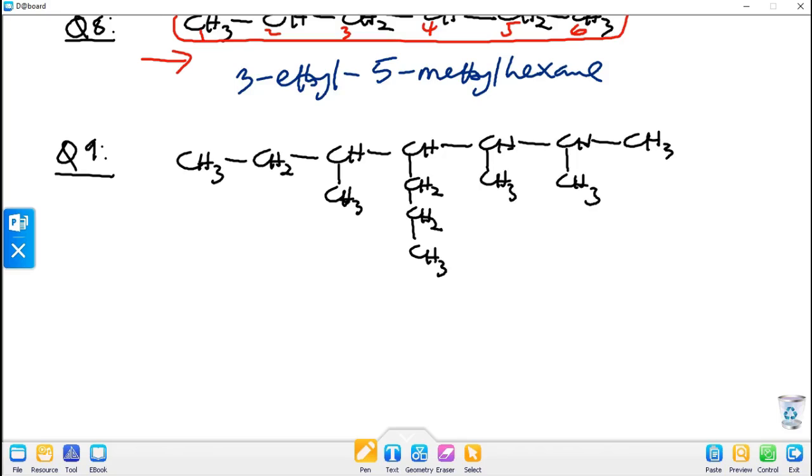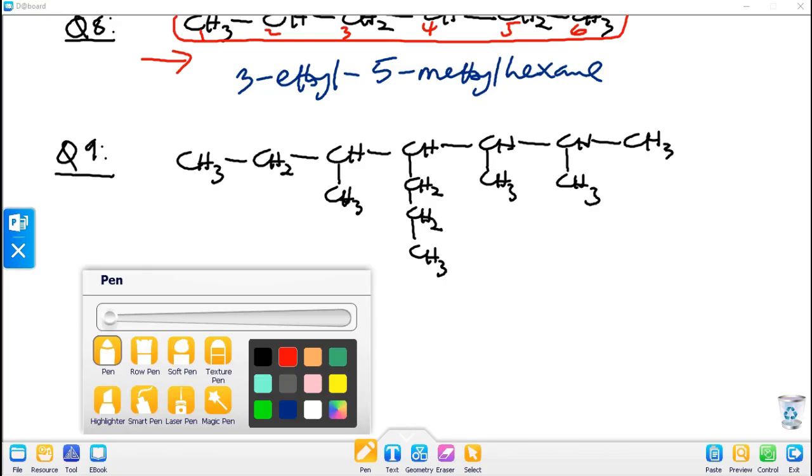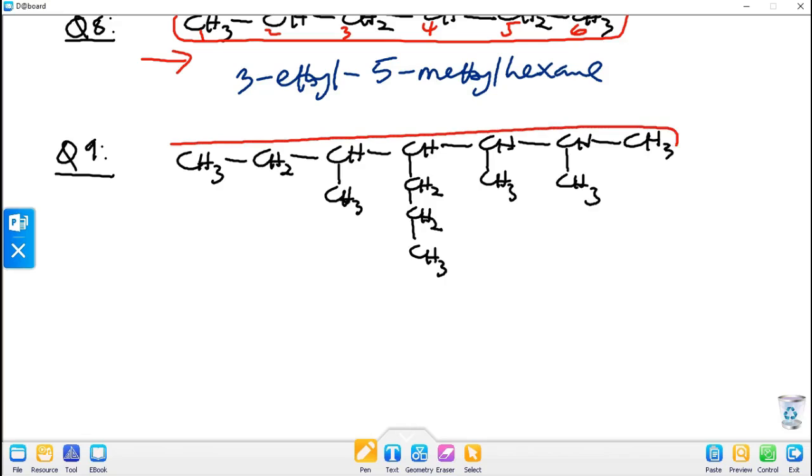Now, looking at what we have there, the next thing that comes to mind is what will be our parent chain. A student may choose to go this way, straight. You may choose to go straight, and then every other thing outside that parent chain becomes your side chain.